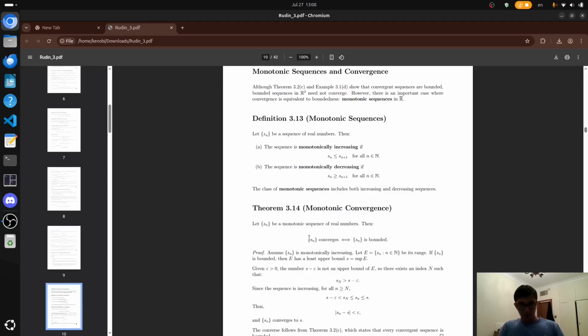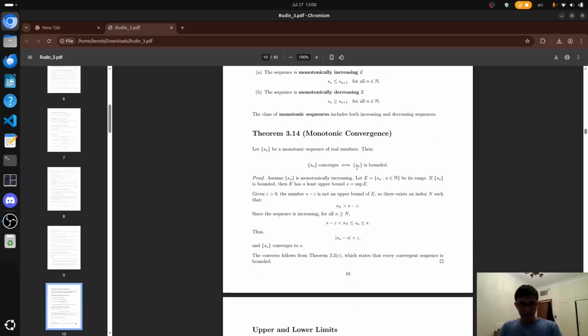Now we want to prove that for a monotonic sequence, s of n converges if and only if s of n is bounded. We already know that if s of n converges, then s of n is bounded.